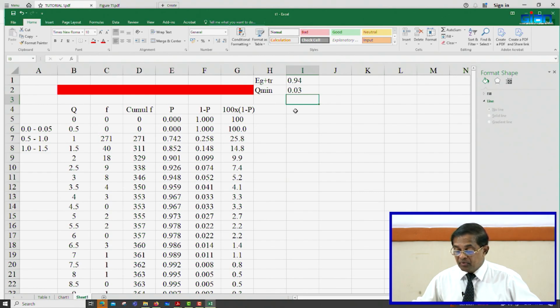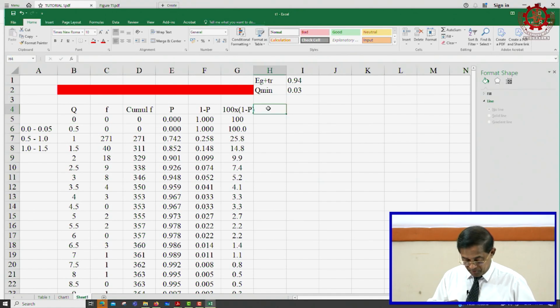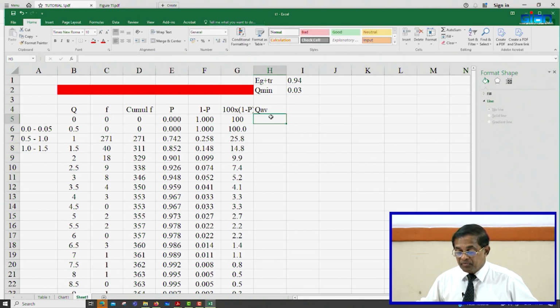Now, in the previous discussion I asked you to take 0.5 as the Q and deduct 0.3 from it. Can everybody listen? Here in the last calculation we took the available Q for power generation as Q minus 0.03, Q minus environmental flow.